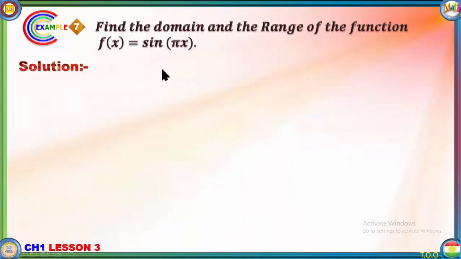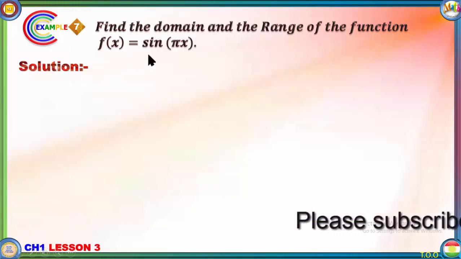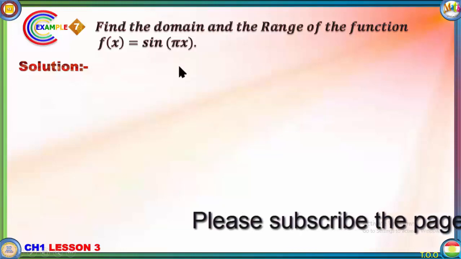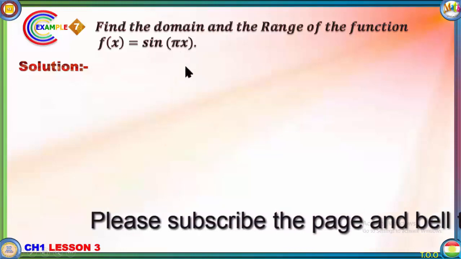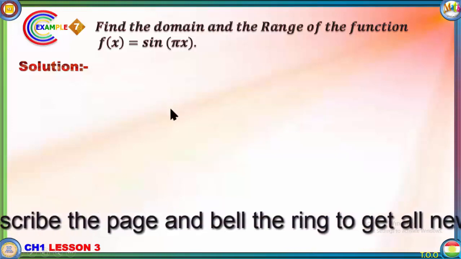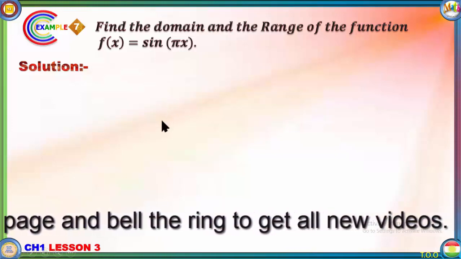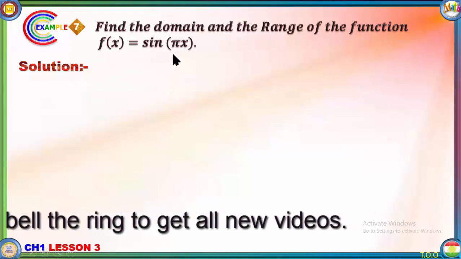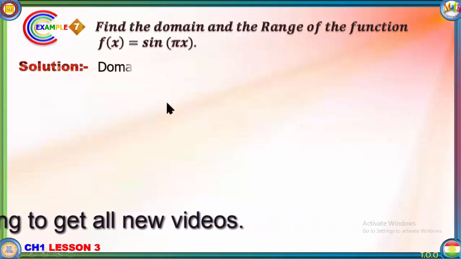Example number 7. Find the domain and the range of the function f(x) equals sine pi x. Because the angle of the sine is a polynomial function, the domain is all real numbers.